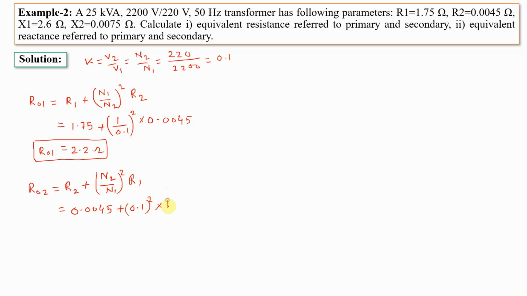The R1 is 1.75. After solving, the value will be 0.022 ohms. So the equivalent resistance referred to secondary will be 0.022 ohms.